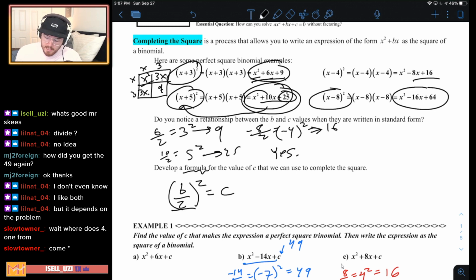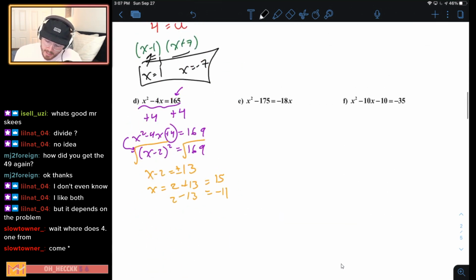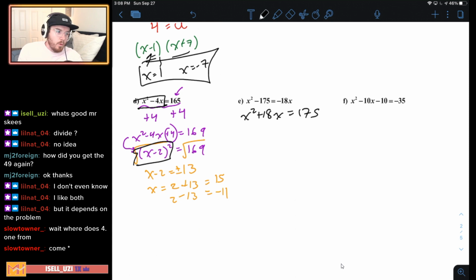That's what we're realizing, right? I look at this, x squared plus 18x equals 175, or I look at this, x squared minus 4x, and I'm like, what is the magic number that allows me to rewrite it like this? Well, the pattern that we identified was b over 2 squared. So what is b? Negative 4 divided by 2 is negative 2, and negative 2 squared is 4. b over 2 squared. So negative 4 over 2 squared.